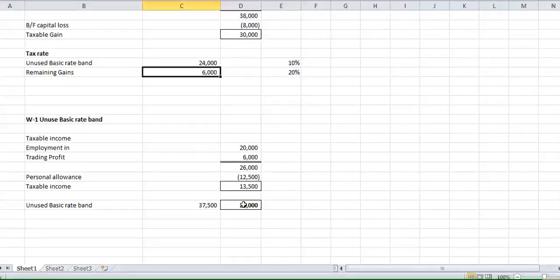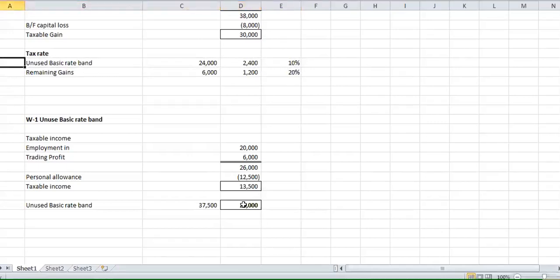We will apply 20% tax on remaining 6,000. So on 24,000 pounds, tax rate is 10%, which is unused basic rate band.